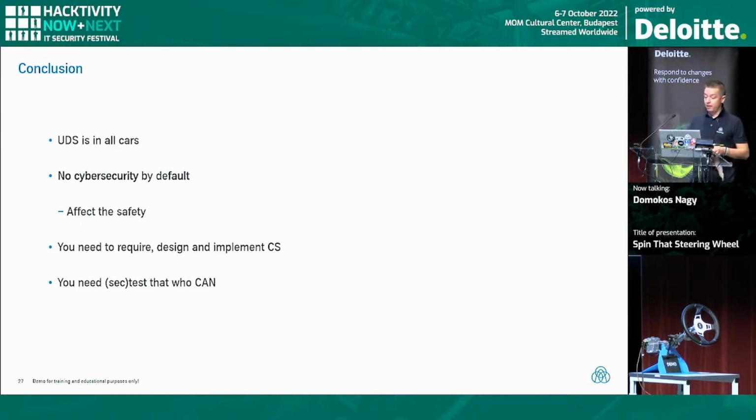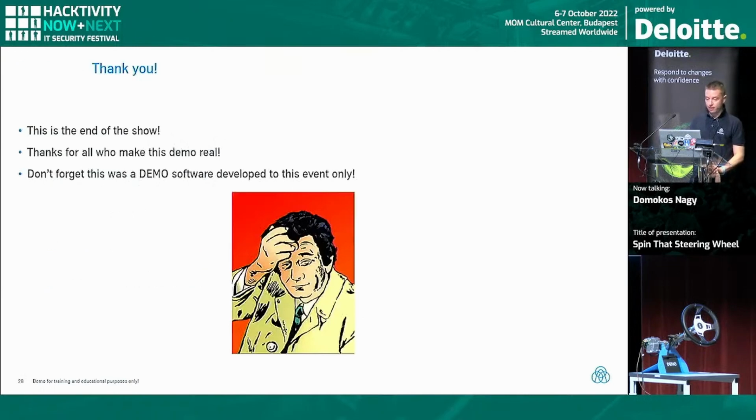We have seen many things in the past. What I would like to highlight here is that we need to validate somehow, we need to test our stuff, and that is all this presentation is about. So you need testers who can spin that wheel, and thank you.